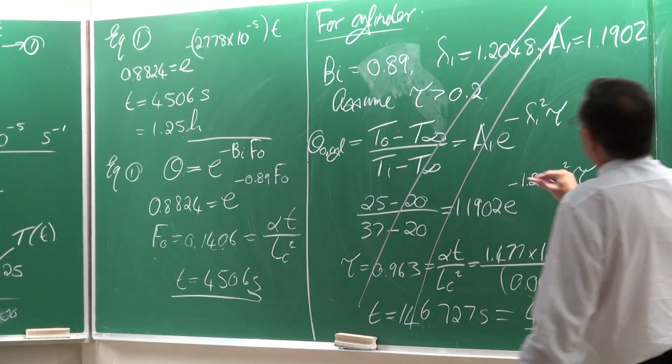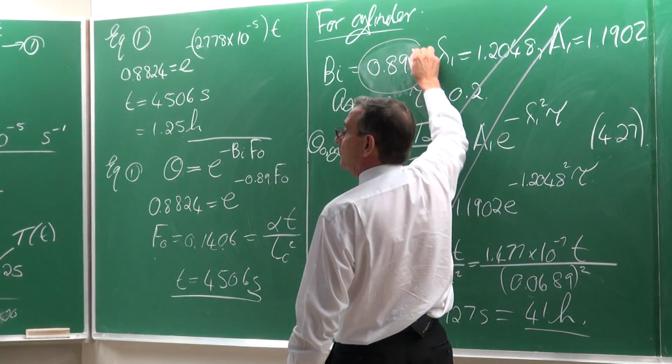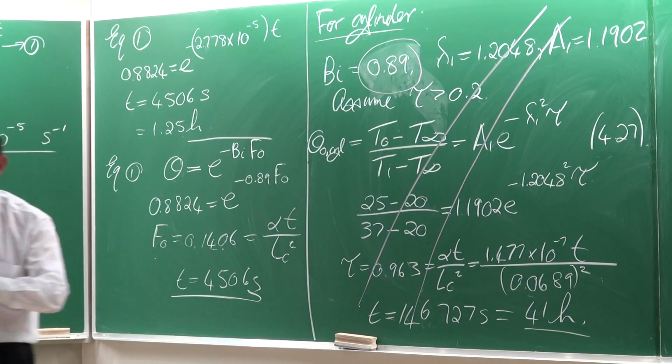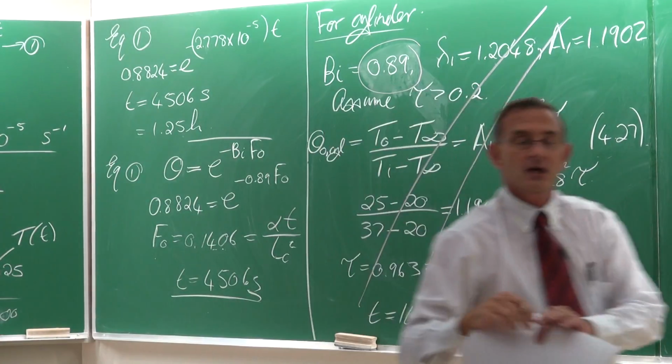Why? Because this Biot number is based on the characteristic length, and it shouldn't be. The definition for the Biot number for the lump system approach, where we use this definition, is a unique one, and in general we do not use it.